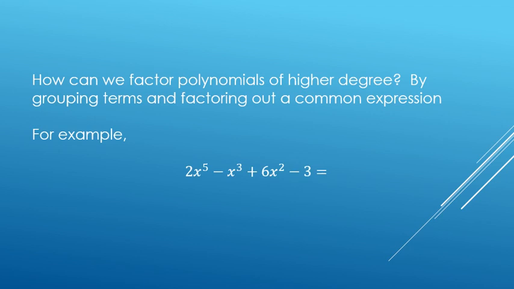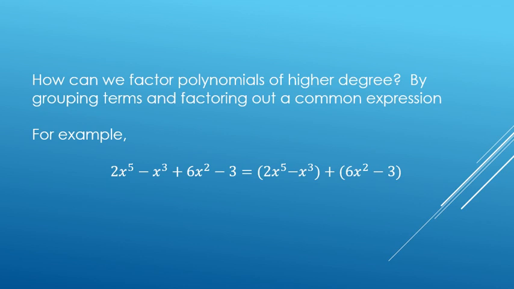Here we have 2x to the 5th minus x cubed plus 6x squared minus 3. I'm going to look at the first two terms as one group and the second two terms as their own group, and pull out the greatest common factor for each group. In 2x to the 5th minus x cubed, each term contains a common factor of x cubed, so I can pull that out front.